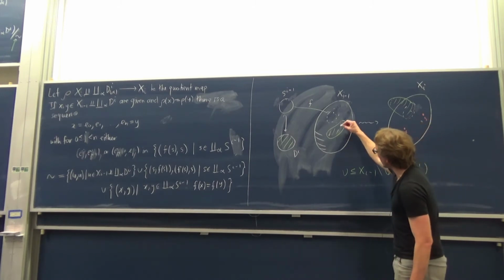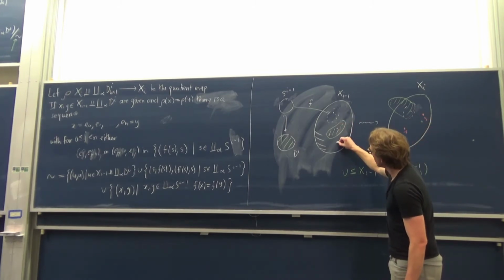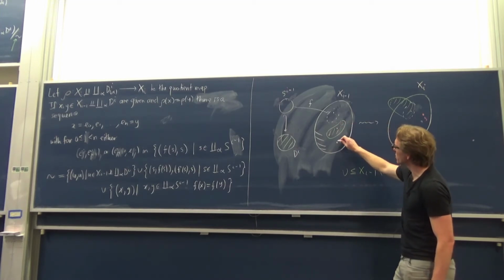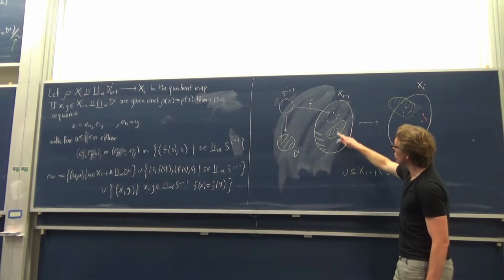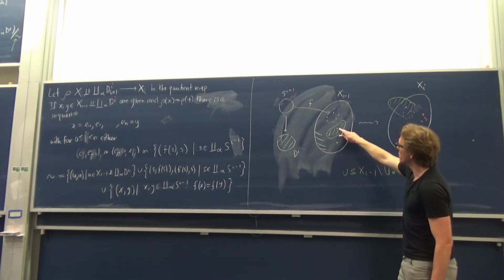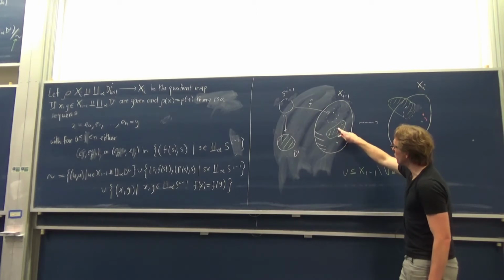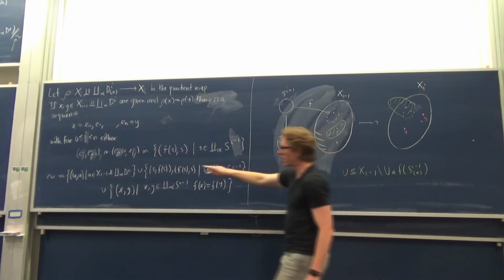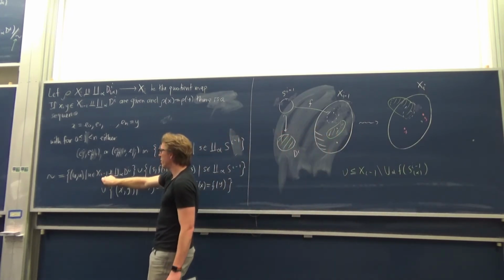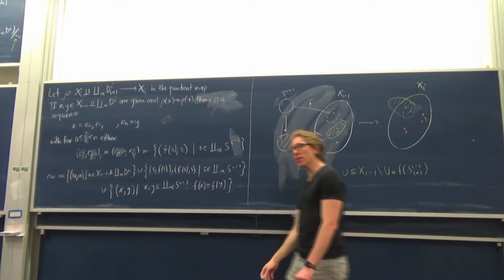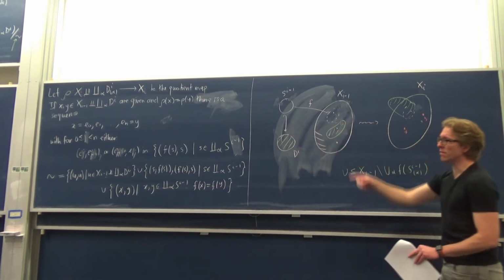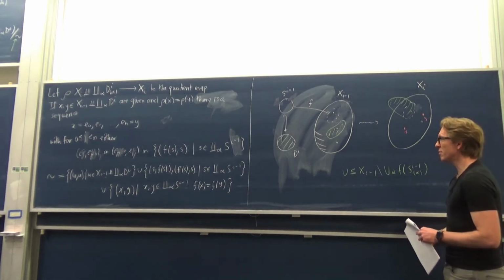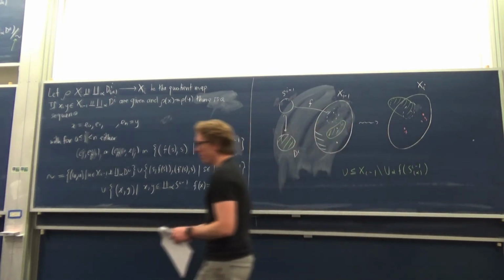Well, to be saturated, I'd have to argue that if I have any 2 points, one of them related to the other in the equivalence relation, and one of them in U, then the other one is in U. Well, we've just been discussing that the only way for 2 points away from the image of all those circles to be in the equivalence relation is this. So they have to be equal. Okay, so clearly then an open subset of that complement, the complement of the image of all the circles, is saturated. Right, so that's why it's open.